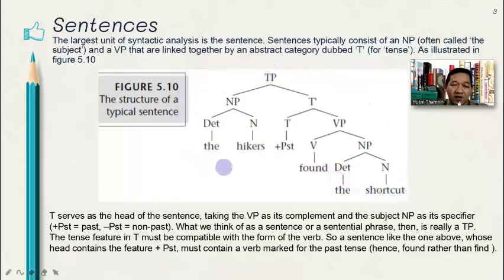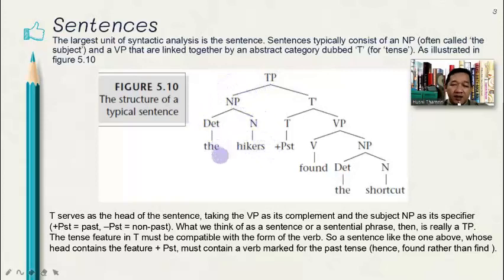Well, from this typical sentence, tense means kala, in the past form. This is the structure of a typical sentence. Take for example, it is divided into a noun phrase as a subject, the hikers.